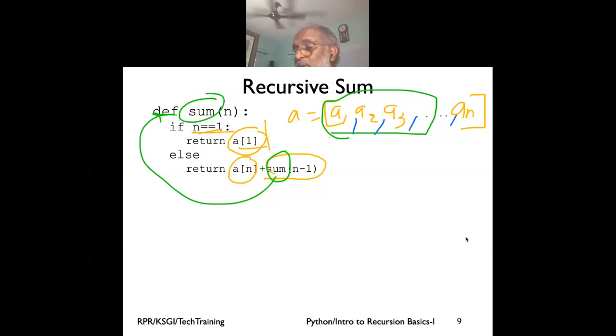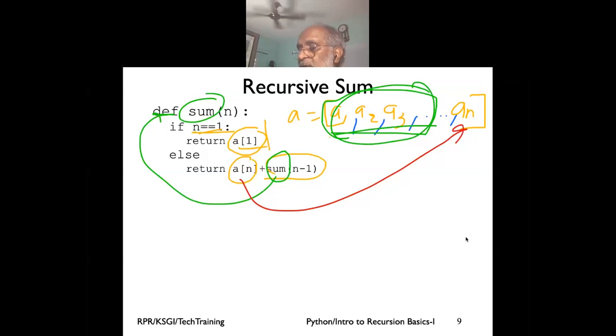This is called recursion. Once I get the answer, I add the nth element, and that gives me the answer. So I keep using the same function again and again till the problem becomes so small that I can do it manually or by brute force.